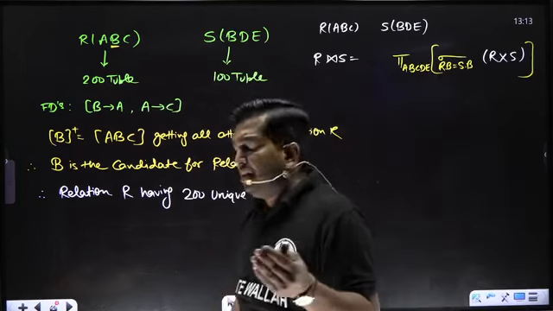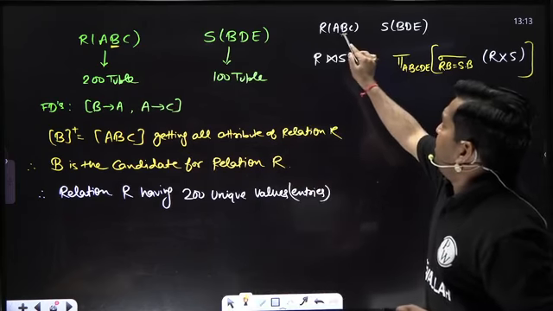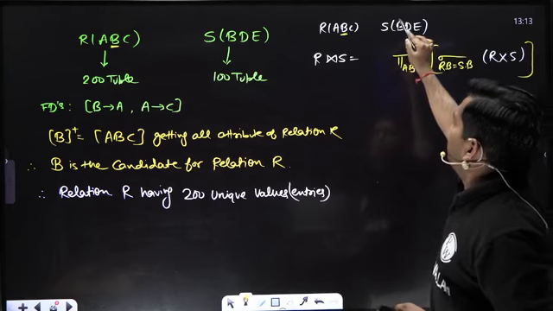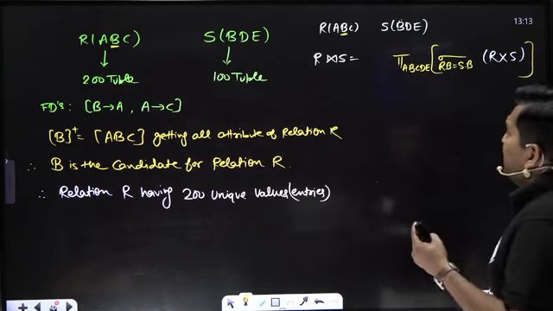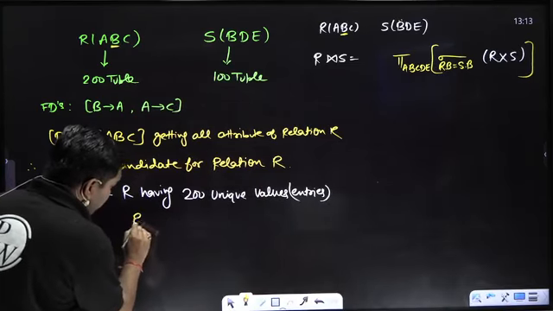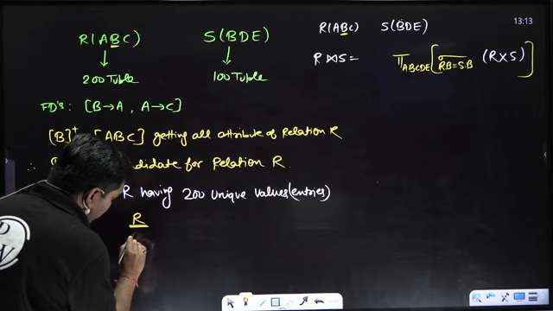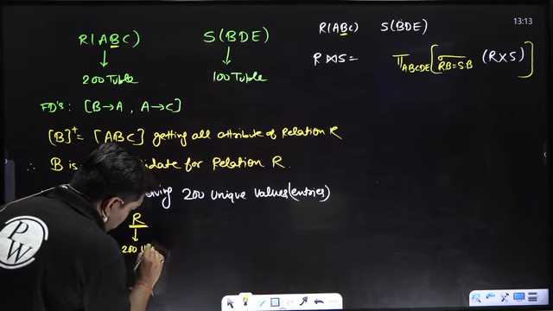Now you can see the common attribute is B, and B is the key in R. In relation R, we have 200 unique values, 200 unique entries.